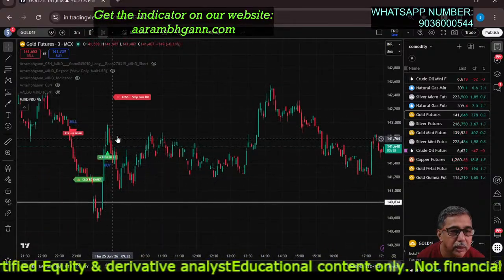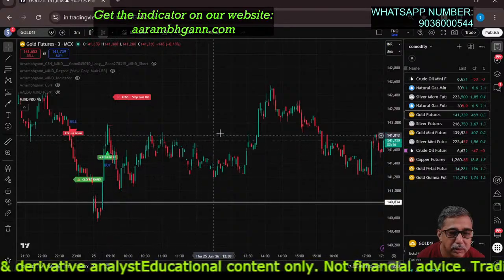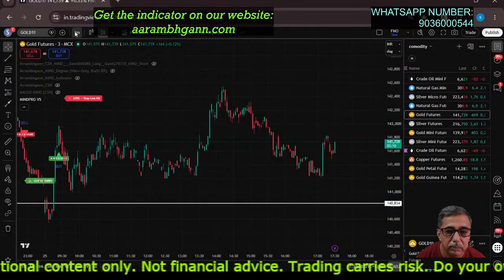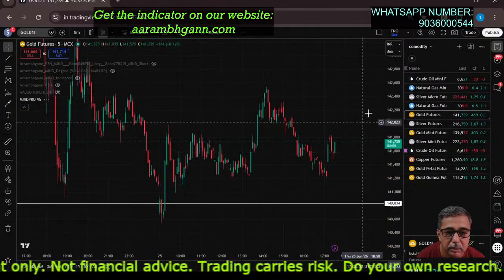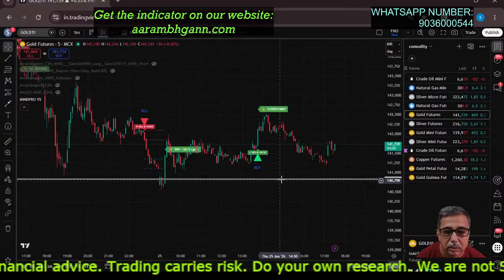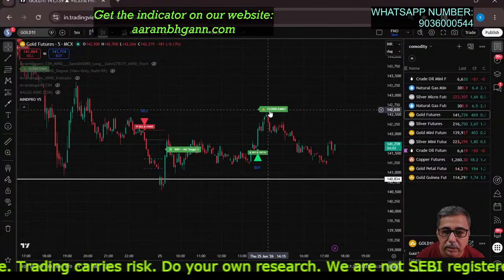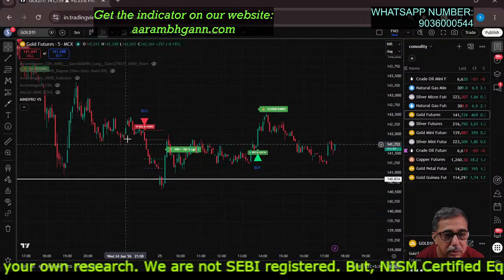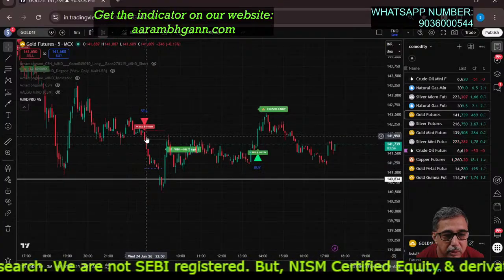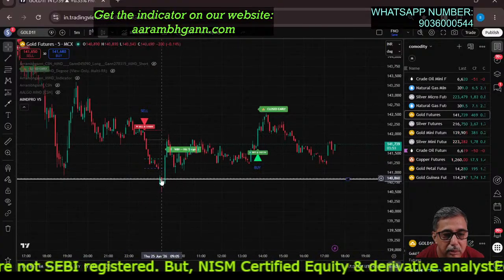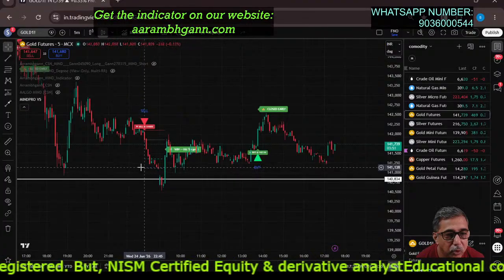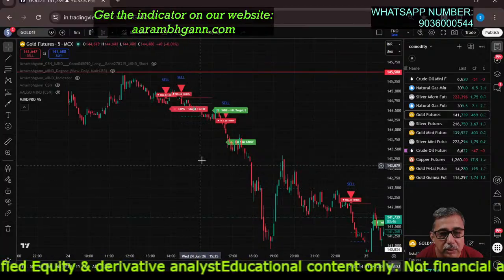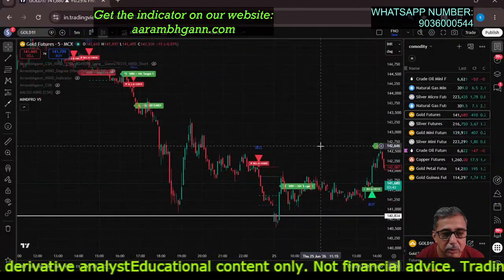It has taken a long entry here, stop loss hit here. After that no trades were taken. If I keep a different time frame, like 5 minutes, it has taken entry and exited. See, perfect entry, perfect exit. Short entry also, perfect entry, and profit booked here. You see where it exactly takes the entry and how it books the profit. Most of them are winning.